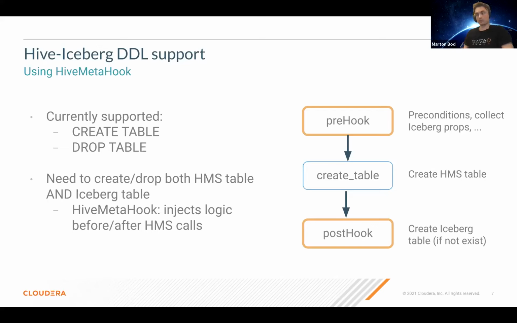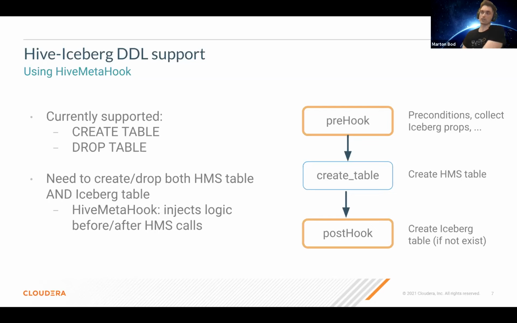So one of the considerations that we had to face when thinking about implementing these commands was that basically either for creating a table or dropping a table, we had to touch both the HMS table and the Iceberg table.